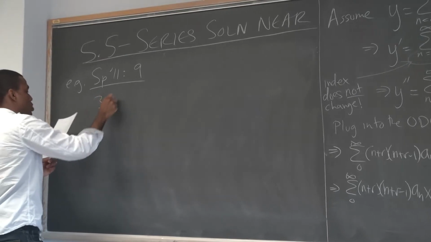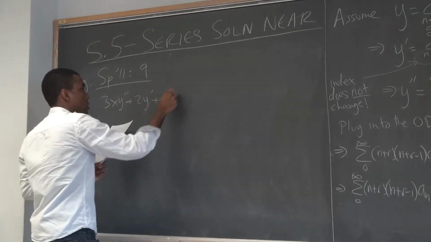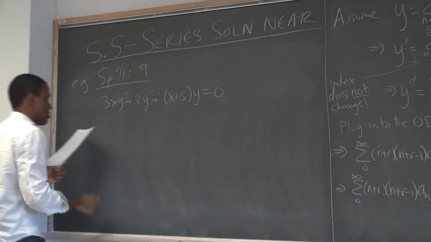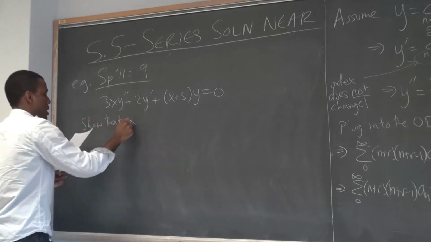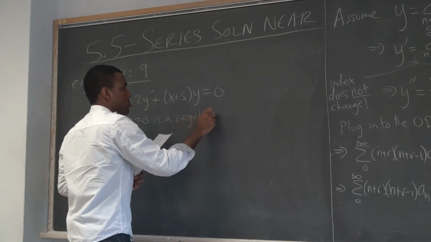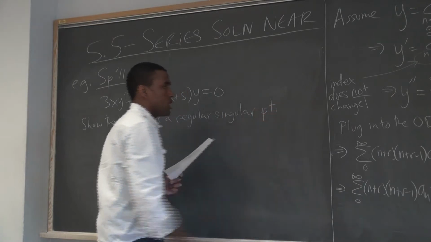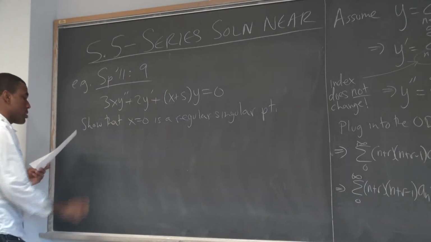We're given 3xy'' plus 2y' plus (x plus 5)y equals 0. Show that x equals 0 is a regular singular point. We did that last time, how to show something is a regular singular point. We just take a couple of limits.